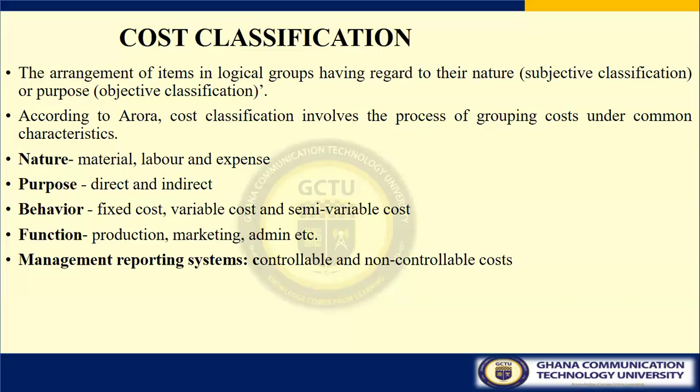Assuming we have a rent that is fixed for the whole year, but there's a clause that when the level of activity increases, the rent will go up. At that point, would the rent still be a fixed cost or a semi-variable cost? It's a semi-variable cost. So how will you classify rent when you are preparing your budget? Is it a fixed cost or semi-variable cost?